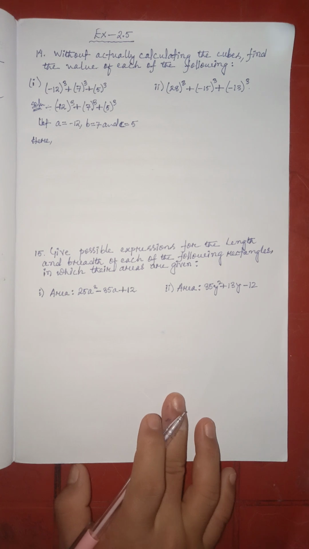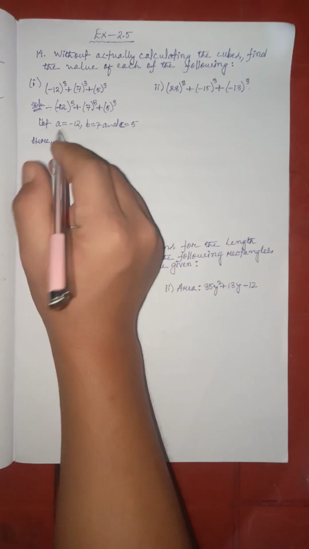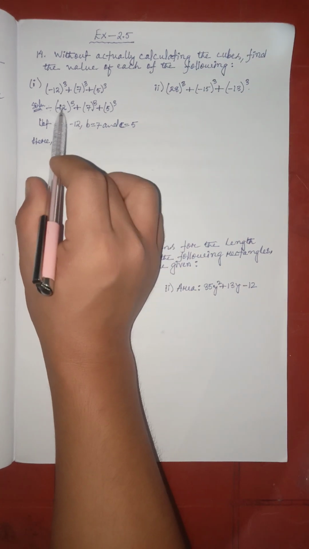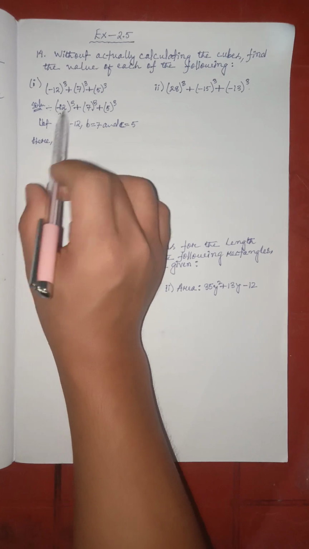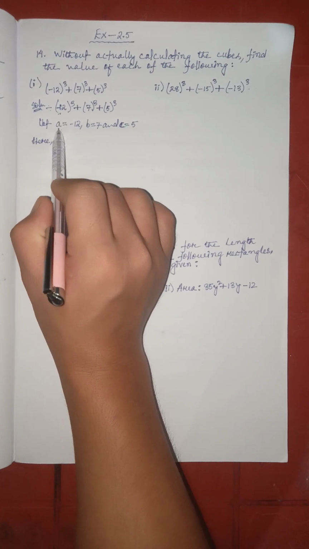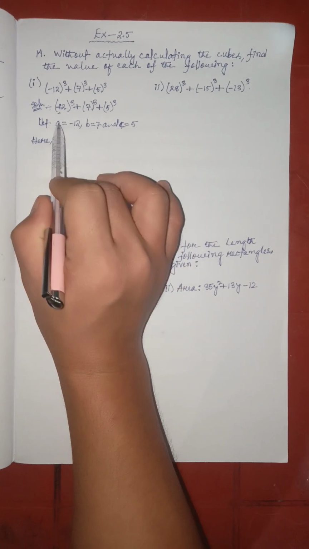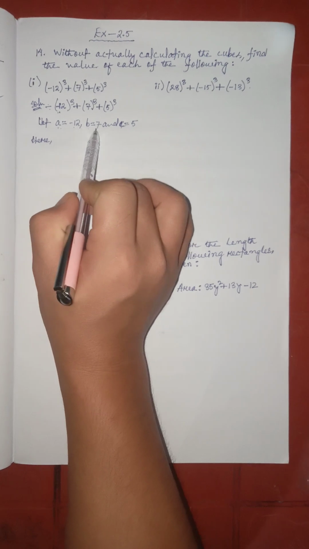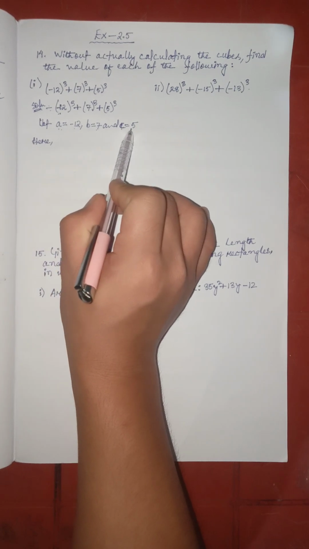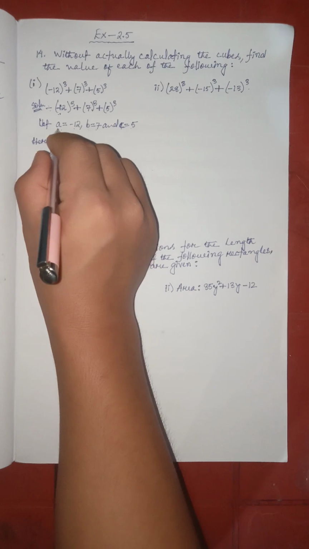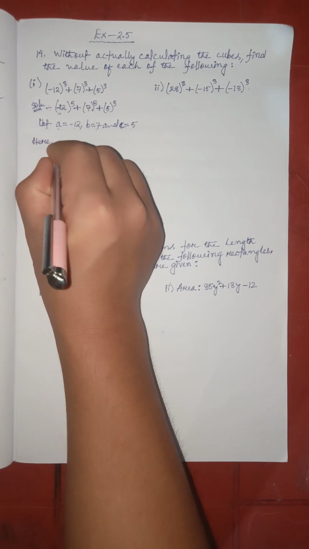That's the identity, and we have to use it here. In order to use it, first let us identify the values: a is minus 12, b is 7, and c is 5, right?